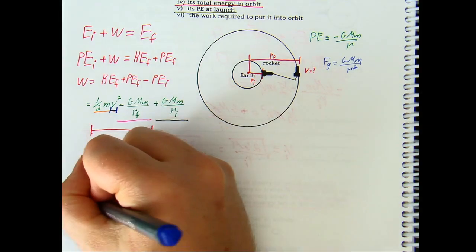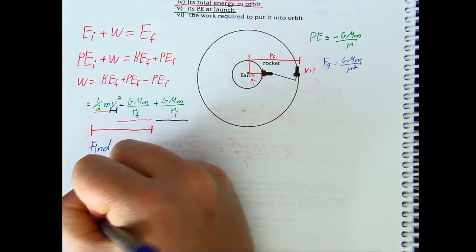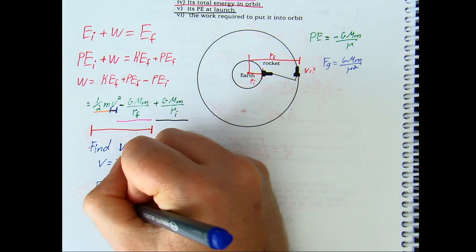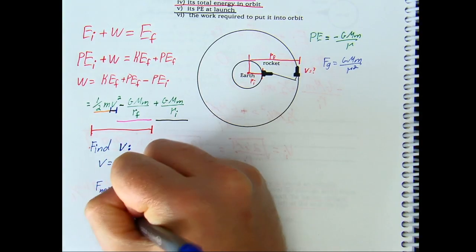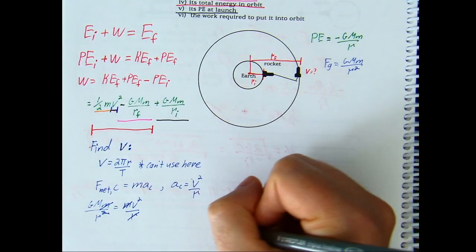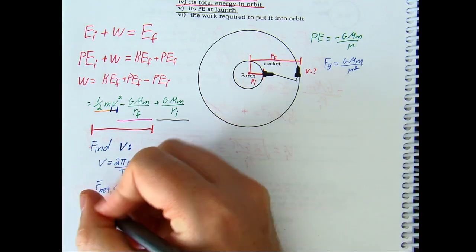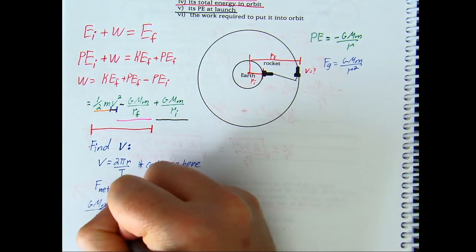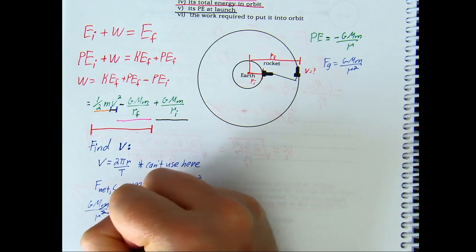So we're going to have G M m over r squared equals m v squared over r. Now my m's are going to cancel. That r is going to cancel with that squared term there. And we're going to get v equals the square root of G M over r.